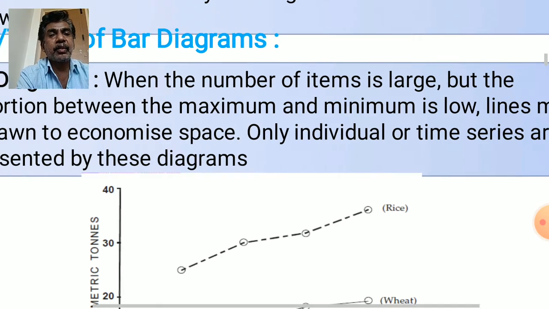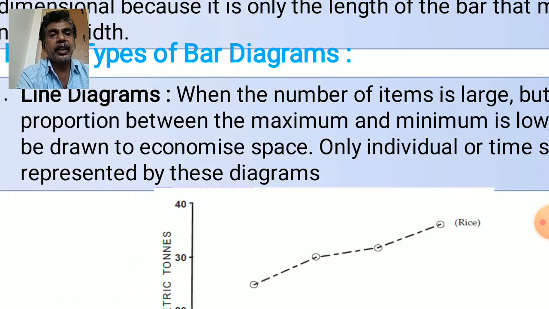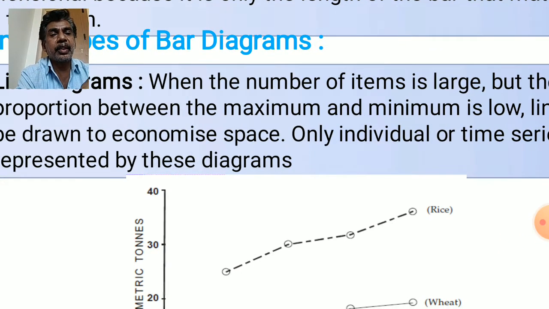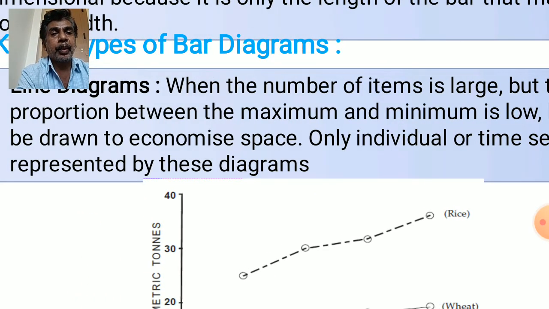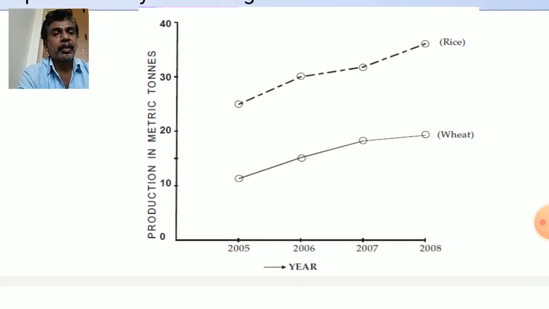This is the way in which we represent data using a line diagram, used when the number of items is large but the proportion between maximum and minimum is low. By plotting the points, a line is to be drawn.